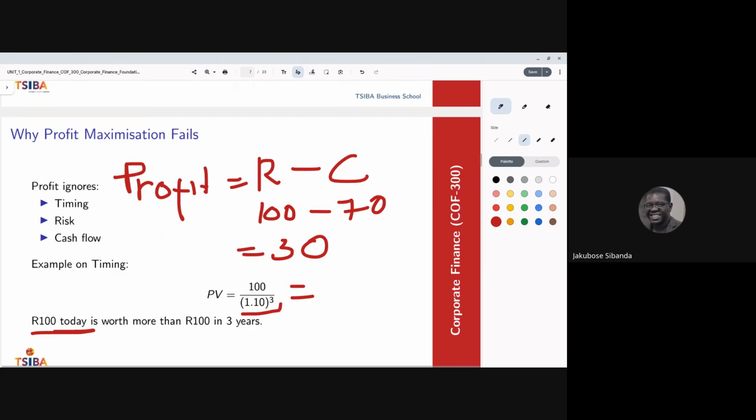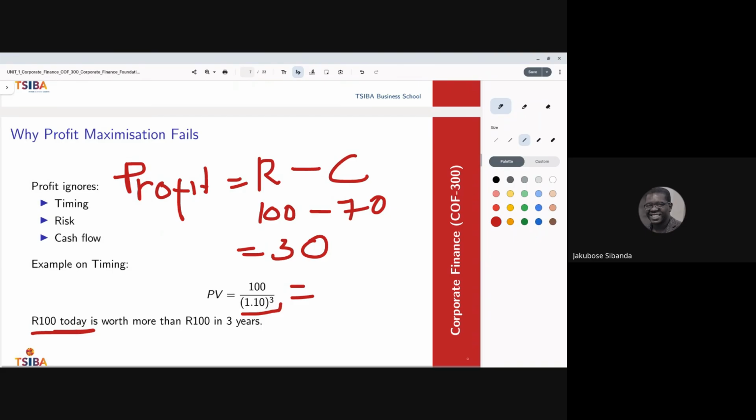So I'm using my calculator here. I'm going to say 1.1, and then I say to the power of 3.